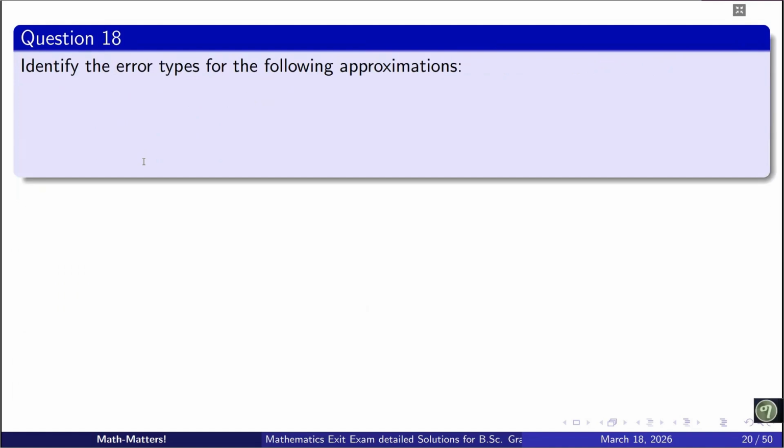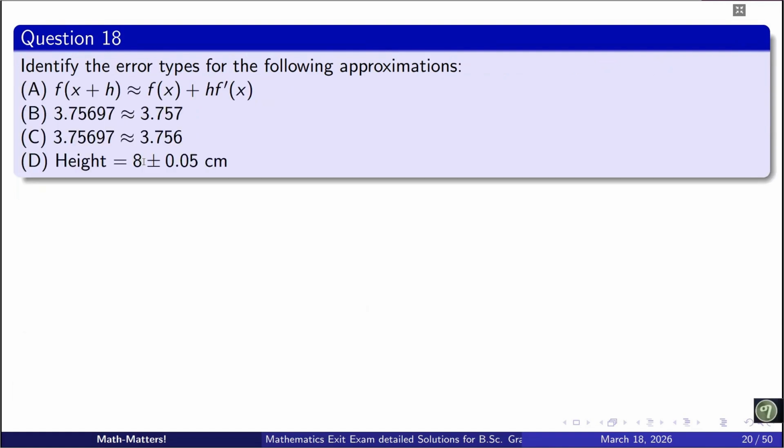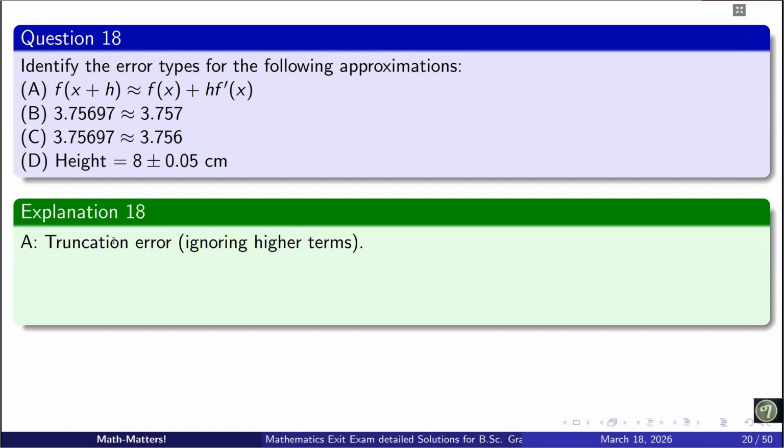Next, identify the error types for the following approximations. We have different error types in numerical analysis. For example, this one is an expansion, so we have a truncation error, or simply ignoring higher order terms.